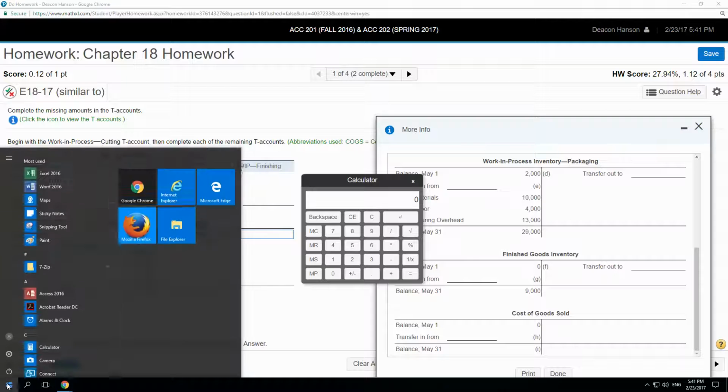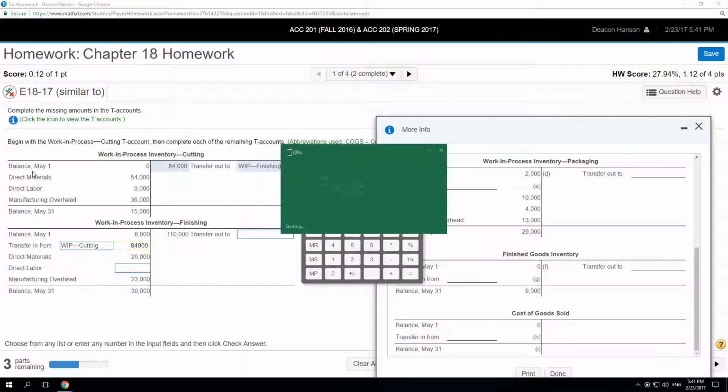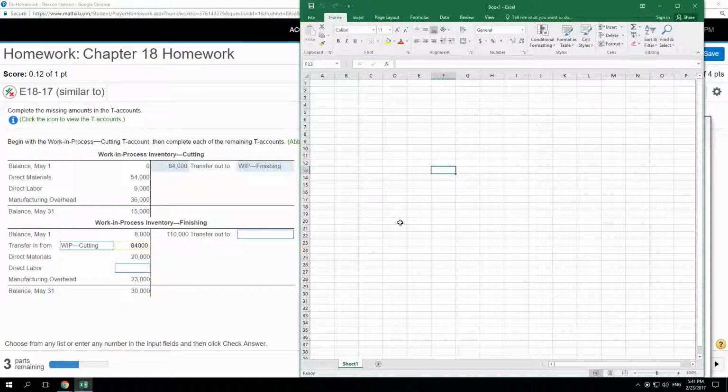So you could even do it longhand and do it algebraically.